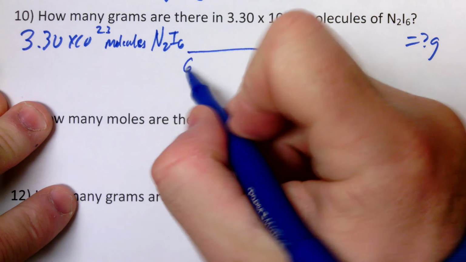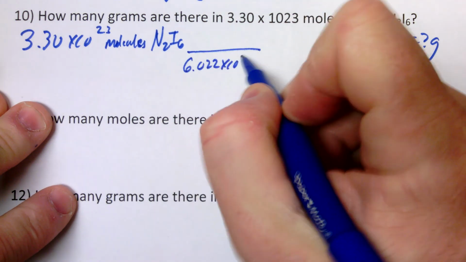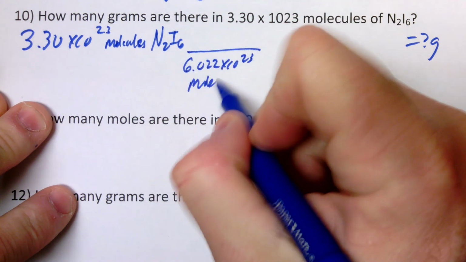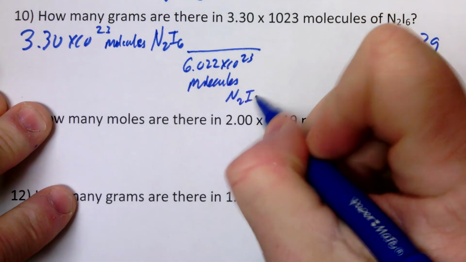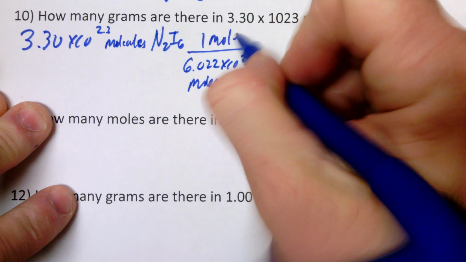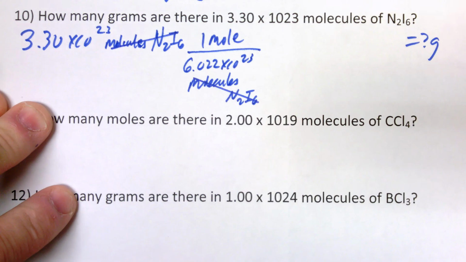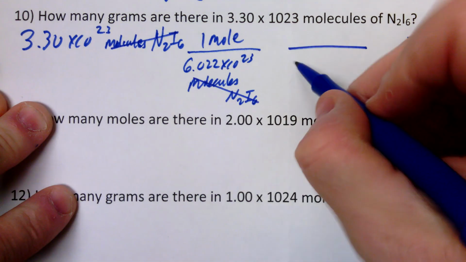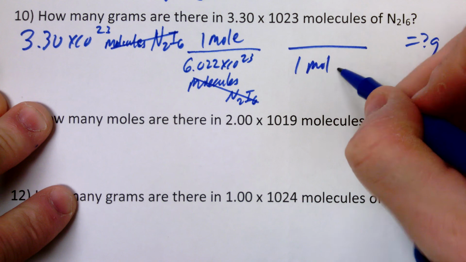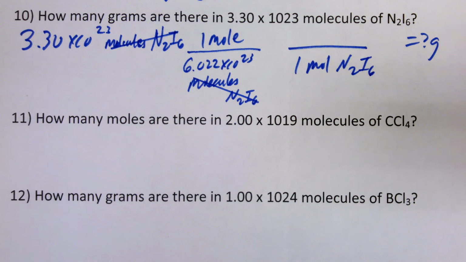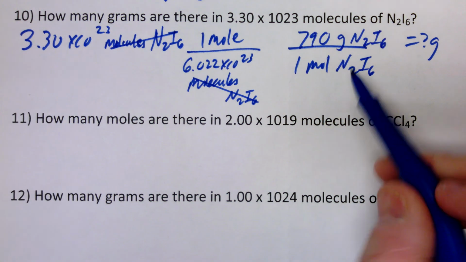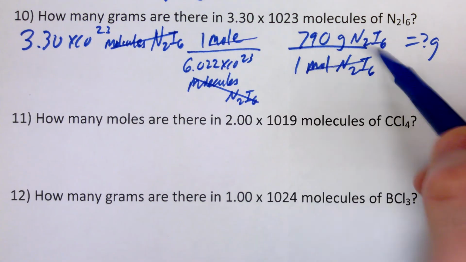Okay, we know there's 6.022 times 10 to the 23rd molecules of anything in a mole. That allows me to convert that there. We also know in 1 mole how many grams there are because I can get that from the periodic table. So that's the grams per mole.